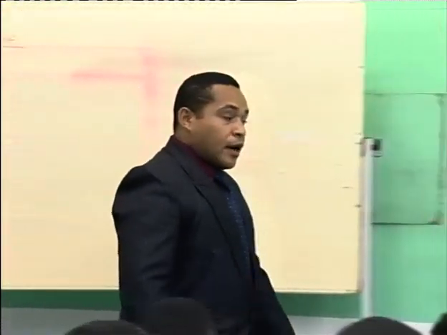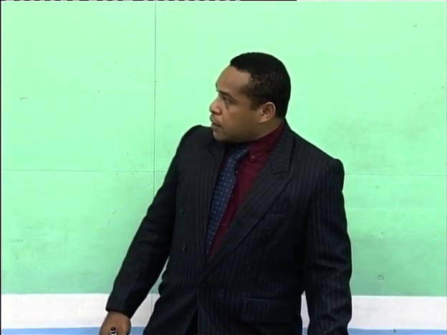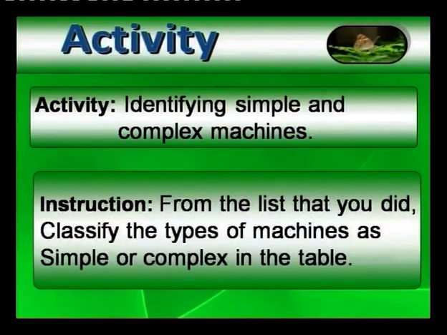Now let's look at our main activity. The instruction reads, from the list that you did, now you will classify the types of machines as simple or complex in the table.